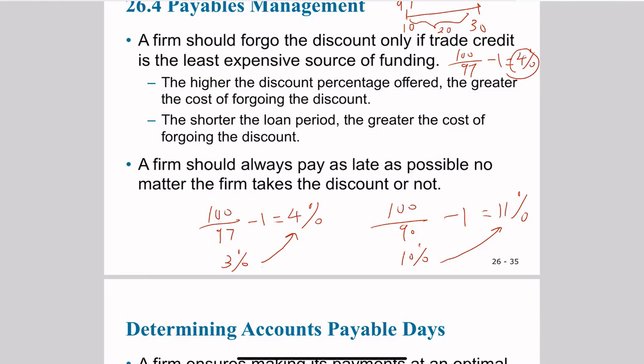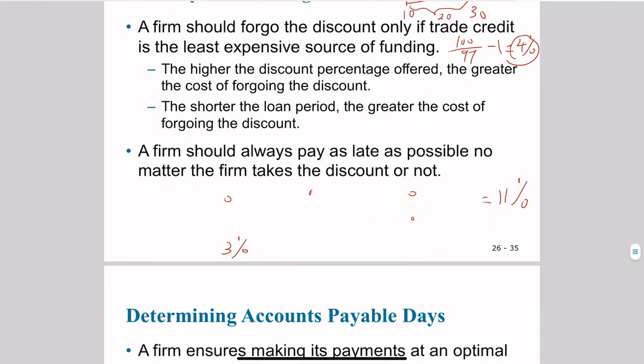And then the second factor which affects this interest rate cost is the loan period. If the loan period is shorter, then the cost of foregoing this discount will be larger. Well, this is easy to understand, right? So let's compare two different credit policies. Let's say the first is 3, 10, net 30, and then the second one is 3, 10, net 60.